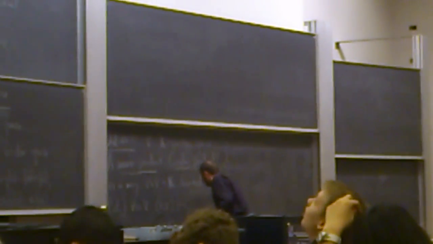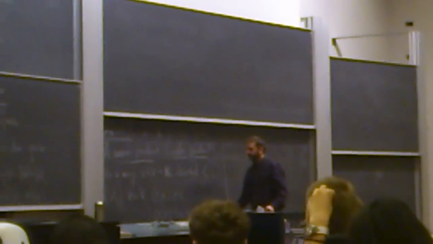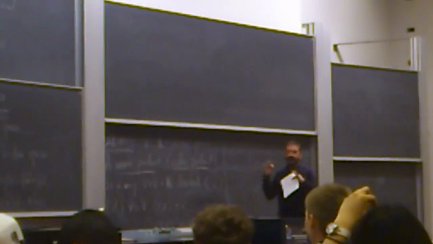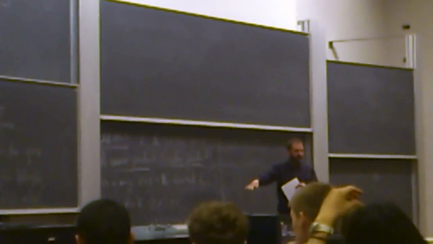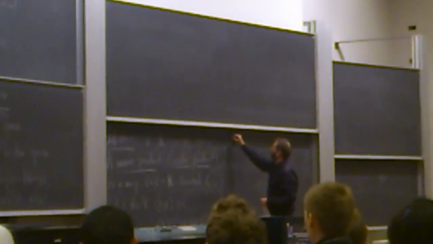And moreover, the inner product of V with V is 0 if and only if V itself is 0. So the inner product of the vector with itself is a positive number, and it is only 0 if V itself is 0. That is the first rule.